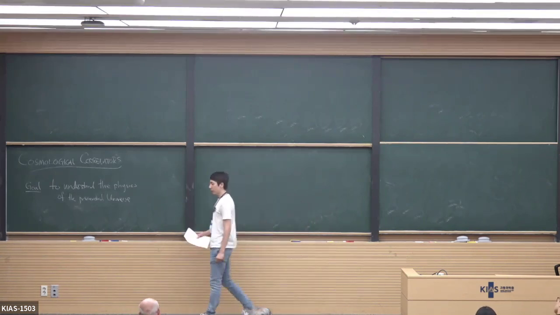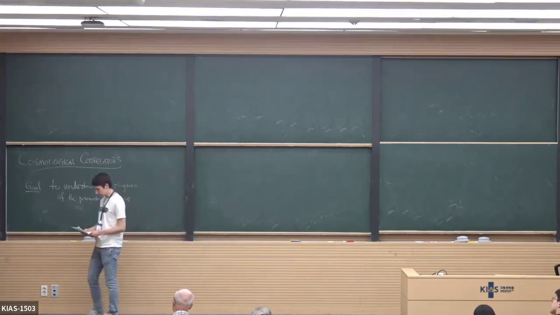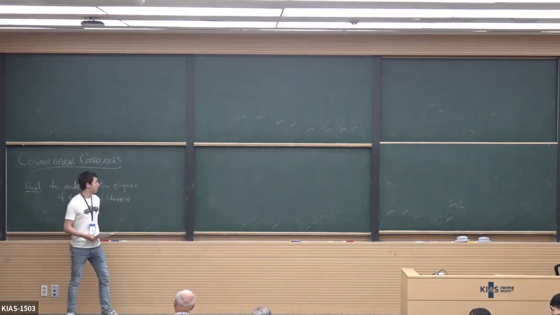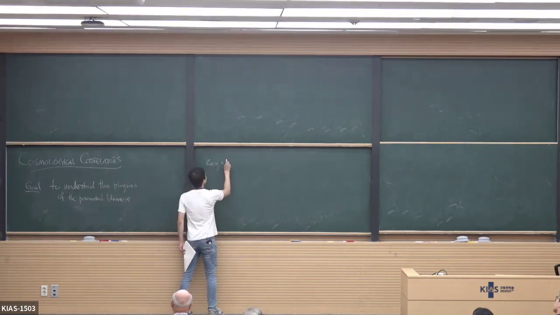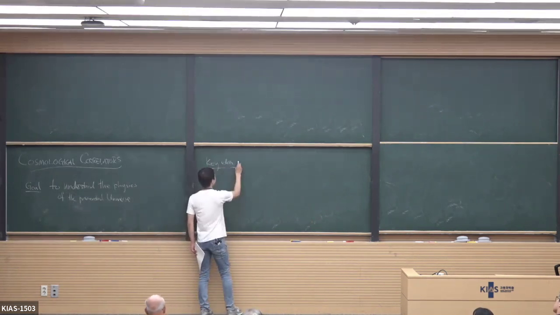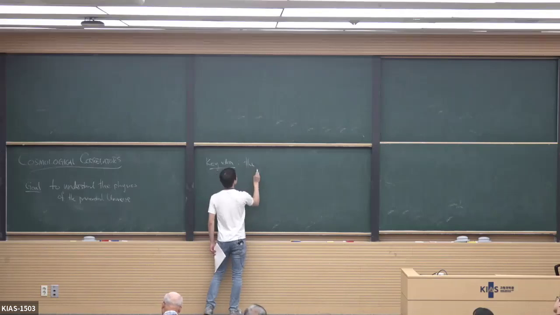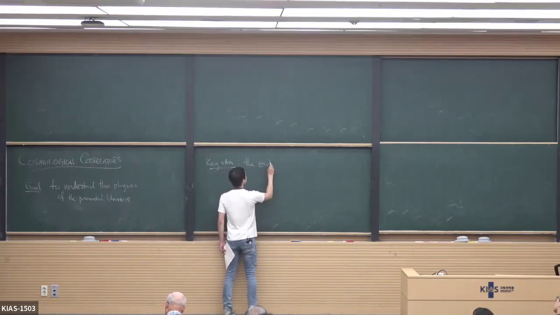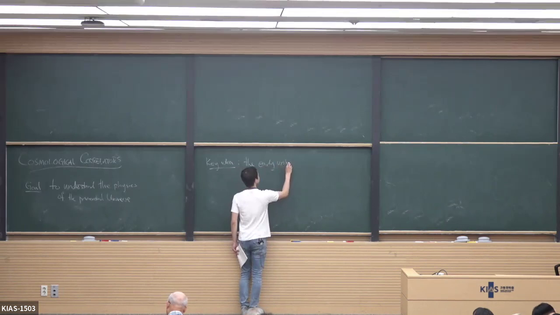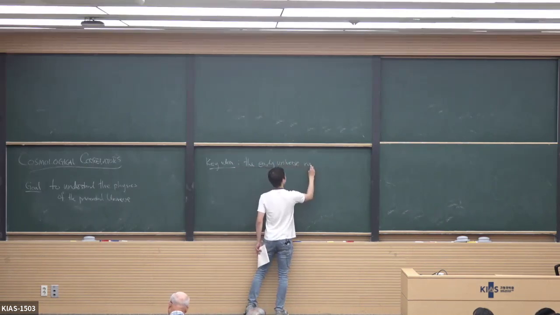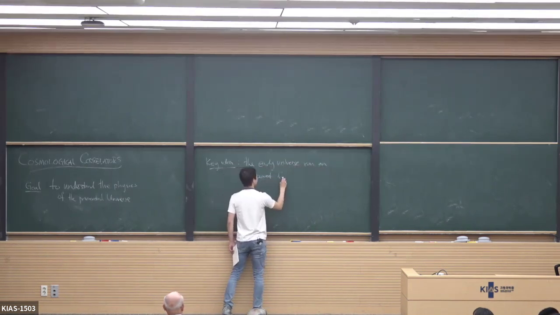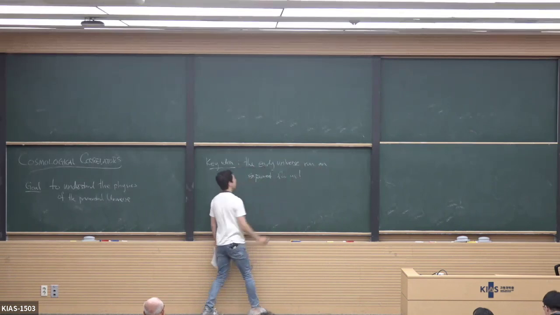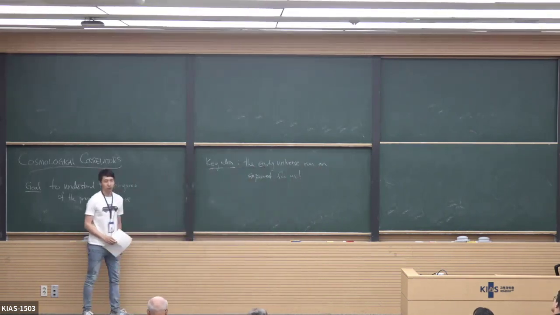Well, what we do is that we rely on this key idea, which is that the early universe already ran an experiment for us. And we can study the outcomes of this experiment.